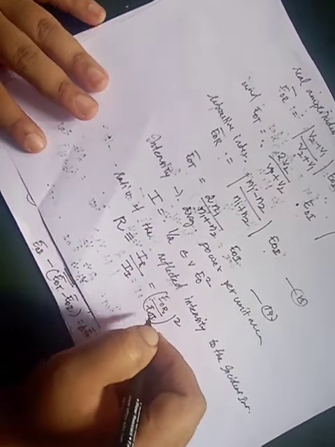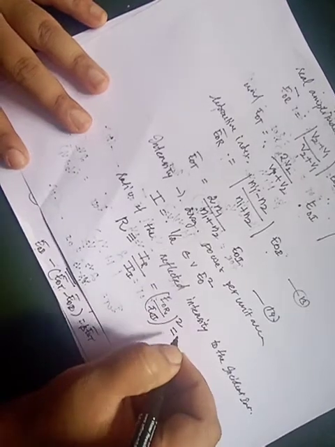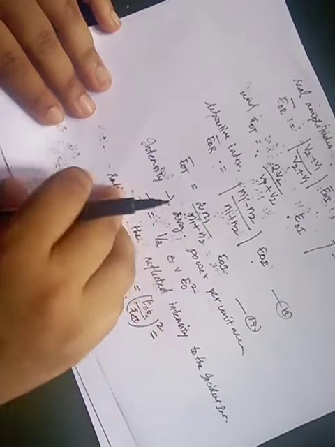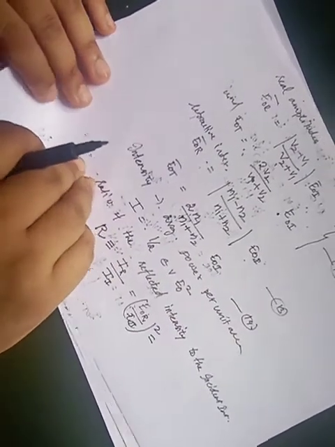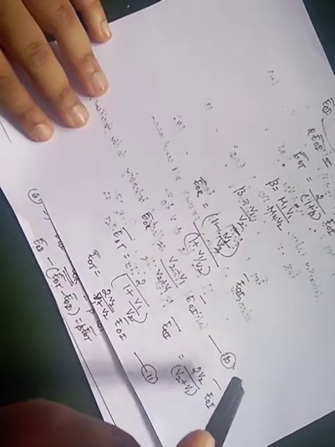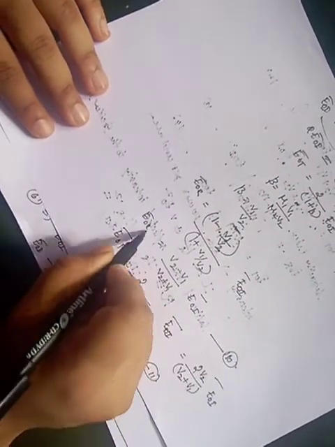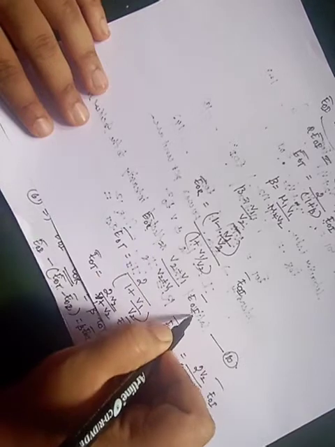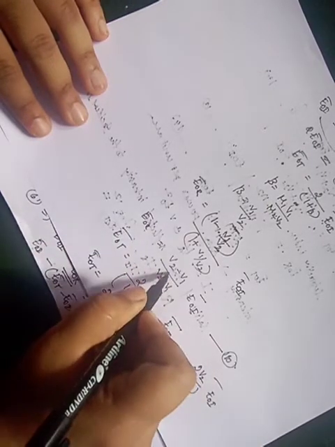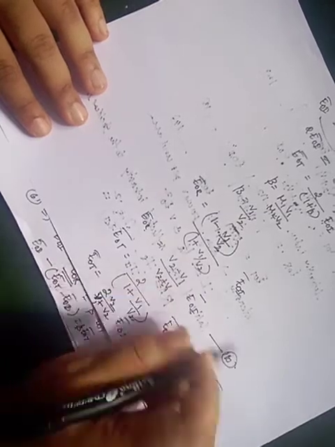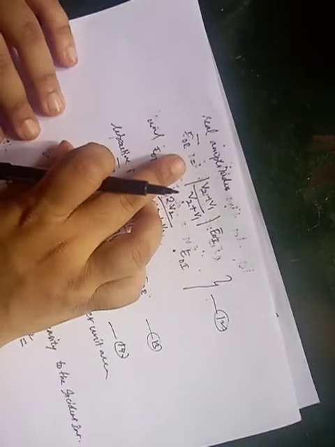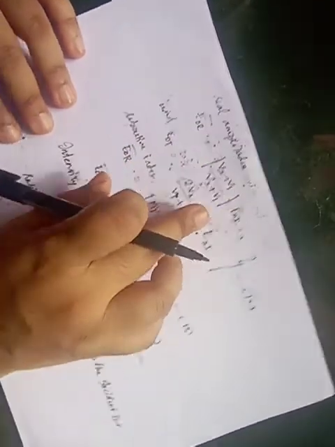E naught R by E naught I the whole square. E naught R by E naught I we can write from equation number 10, that is V2 minus V1 by V2 plus V1.